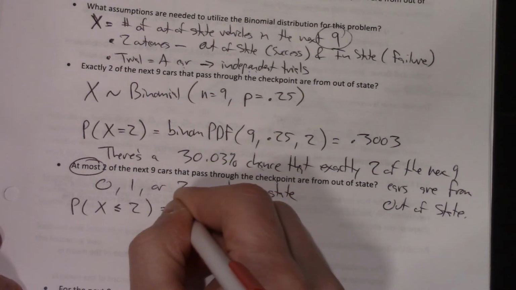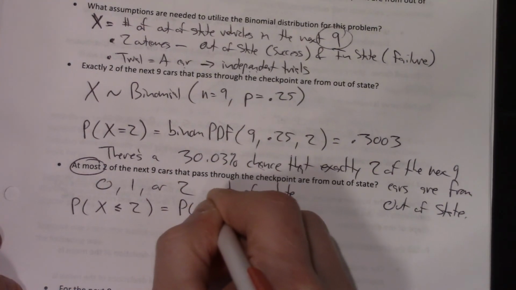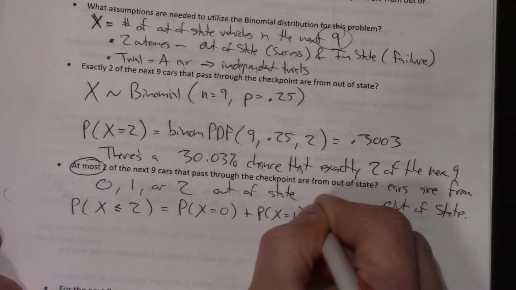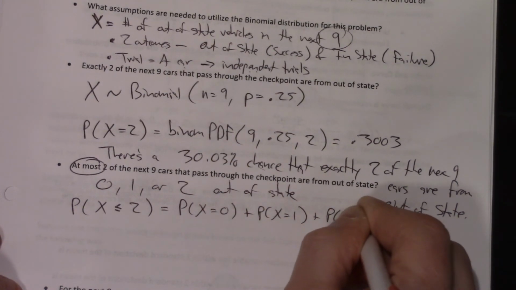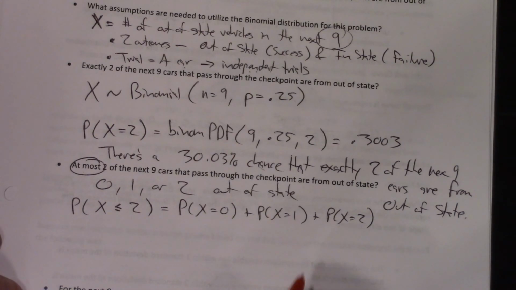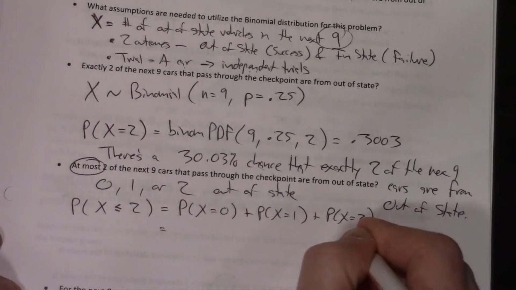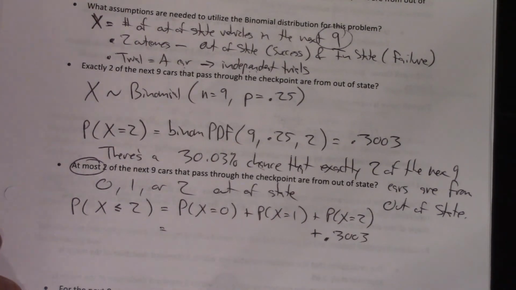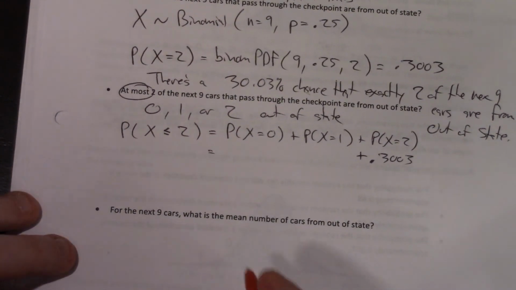As we saw in the last example, this means we could have 0, plus 1, or 2. And we've already found 2, which was 0.3003. So now we find 0 and 1.